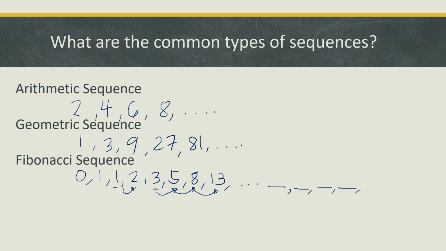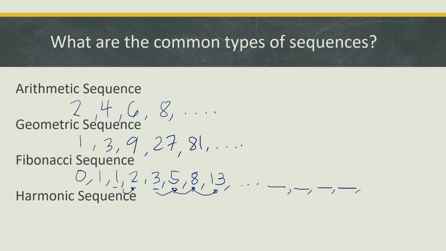Alright? So these are some common types of sequences that we will use when we get to the topic of sequences and series in grade 10. And also, we have what we call the harmonic sequence. The harmonic sequence is a sequence of numbers such that the difference between the reciprocals of any two consecutive terms is a constant.